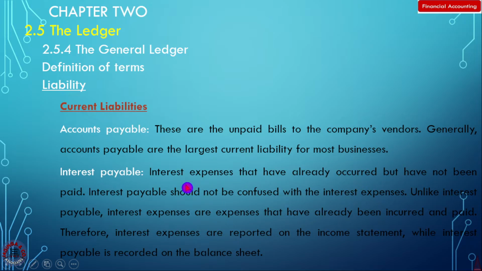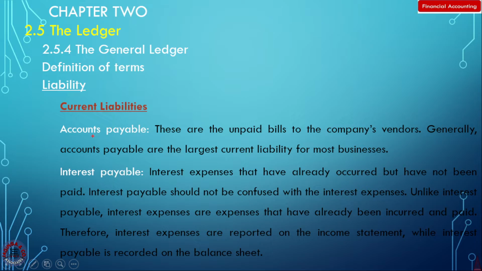So when you talk about accounts payable, we mean those amounts that are payable to our vendors or our suppliers. So for example, you've bought goods on credit, and maybe the supplier has given you a credit period of maybe 1 month or maybe 60 days, meaning 2 months.